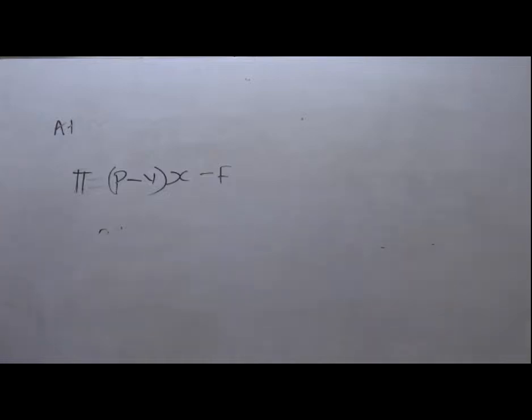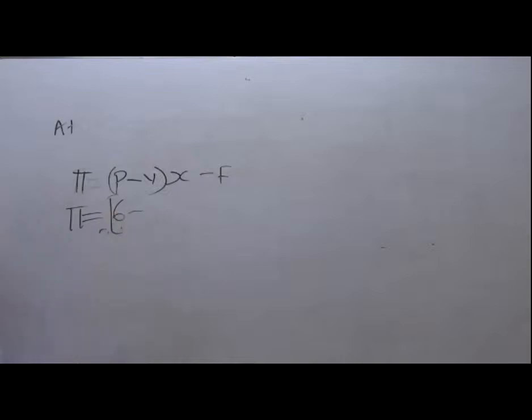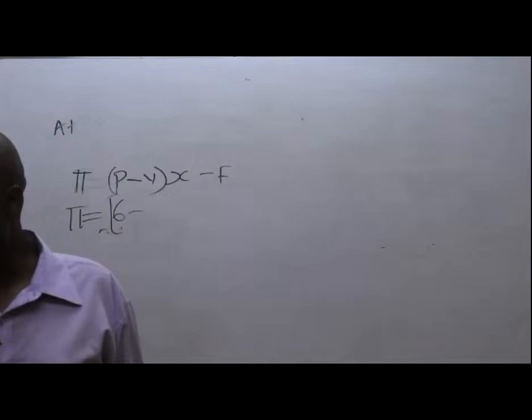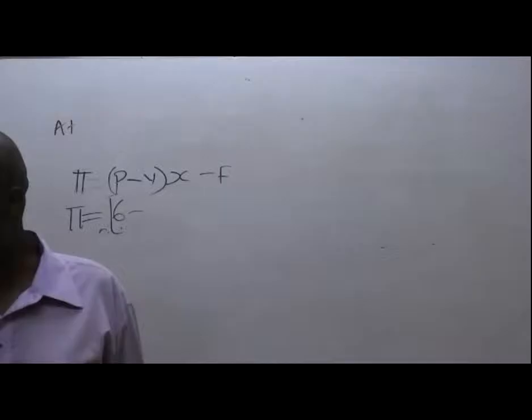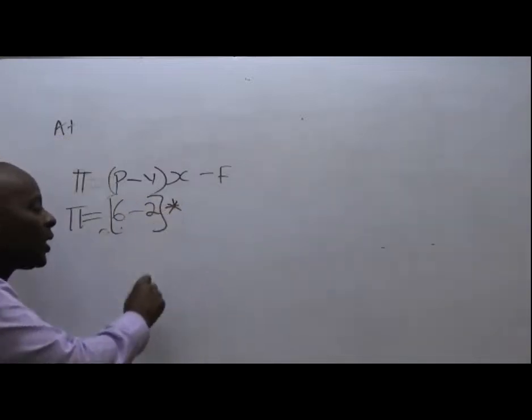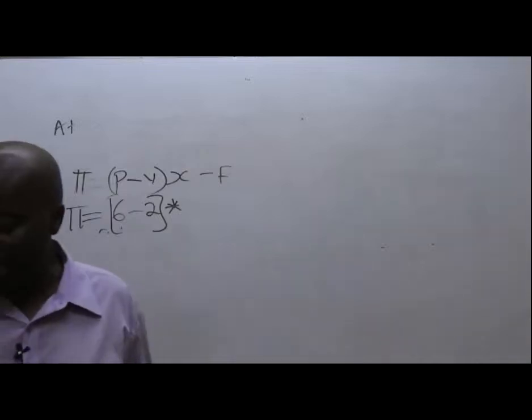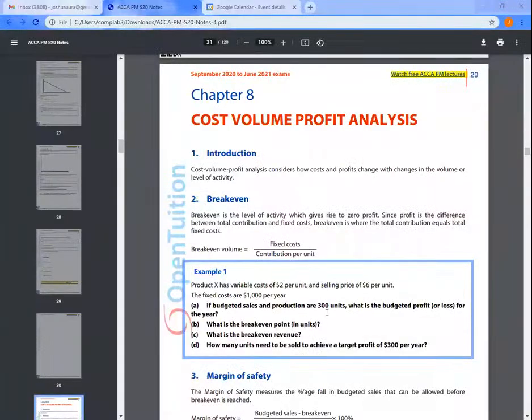Here they've already given me the price: the selling price is 6. They've already given me the variable cost, which is 2. So 6 minus 2 times X, where X is the quantity. The quantity we're going to sell is 300 units.